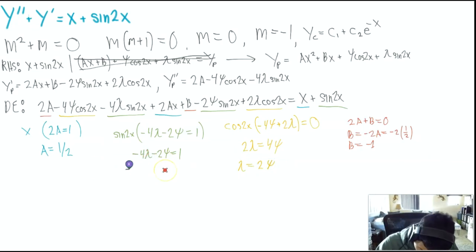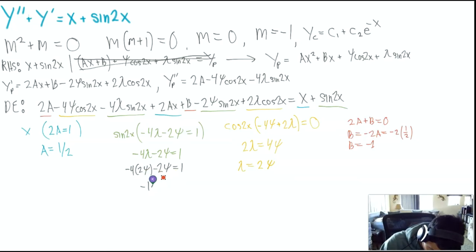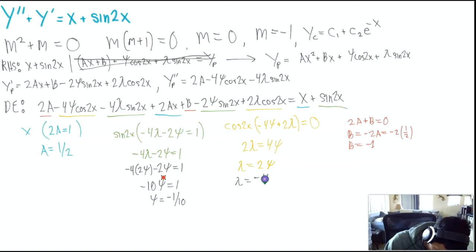That's what I meant. 4 times 2 tritant minus 2 tritant is equal to 1. Okay, this is negative 8 minus 2. That's negative 10. Tritant is equal to 1. Thus tritant is equal to negative 1/10. And if tritant is equal to negative 1/10, then lambda is equal to negative 1/5.